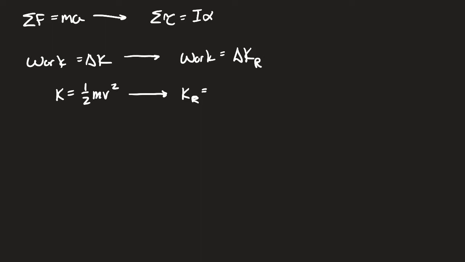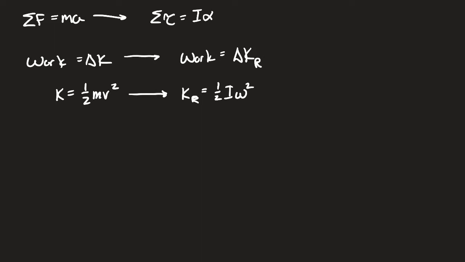So instead of having inertia as m, what do you think inertia will be for rotational kinetic energy? What symbol? And we're not going to talk about linear velocity. We're going to talk about angular velocity. So what symbol is that? That shouldn't be a big surprise, that if there's a rotational kinetic energy, it would look like that.